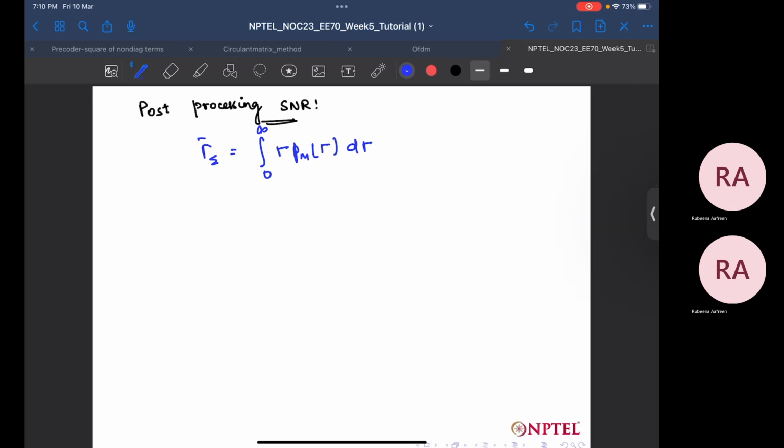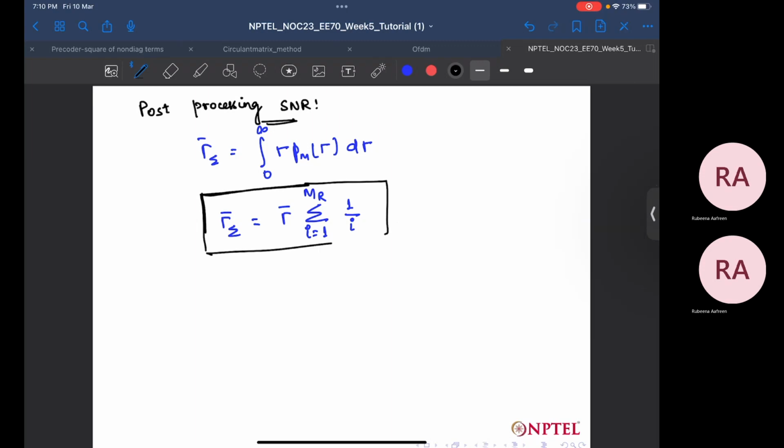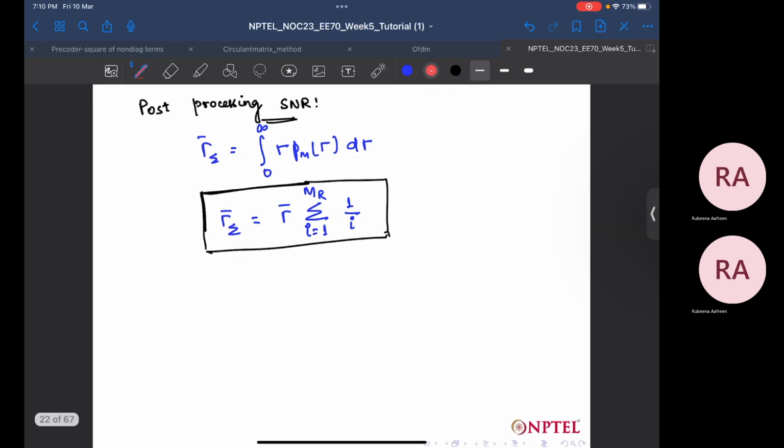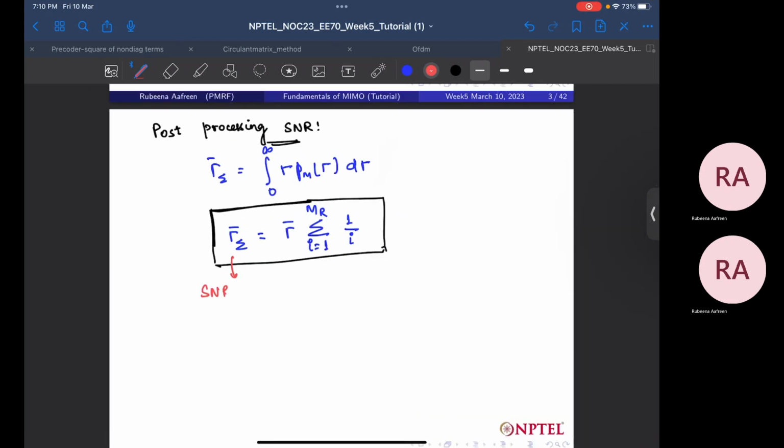So I'll just write the formula, which will be beneficial for solving the exam papers and the assignment questions. I think this much is sufficient for you. So this is gamma bar times the summation from I equal to 1 to M of 1 upon I. We call this the post processing SNR or post combining SNR for selection combining, right?